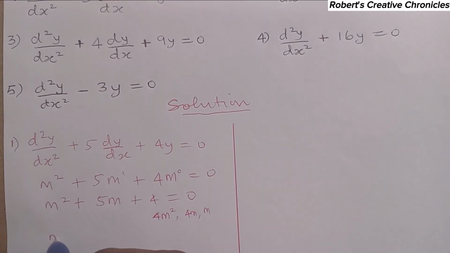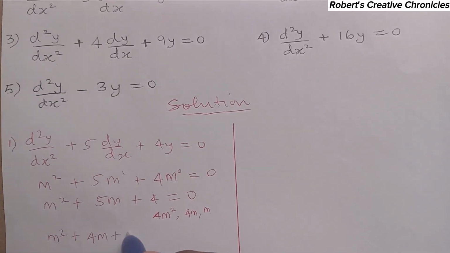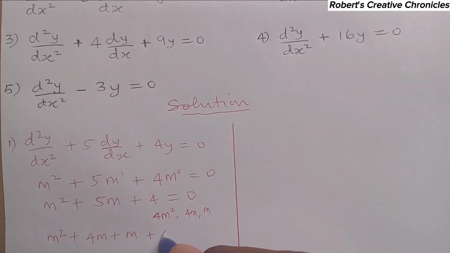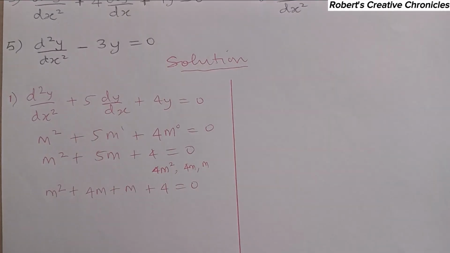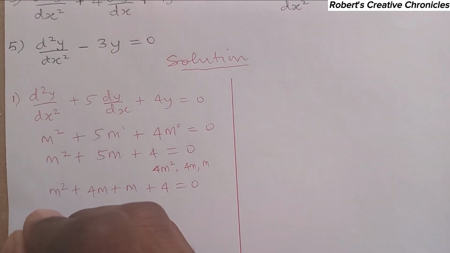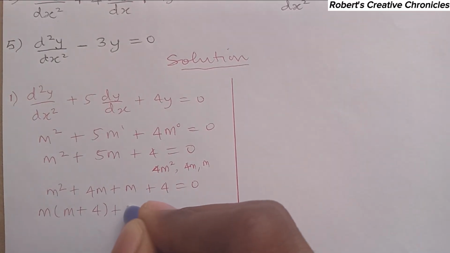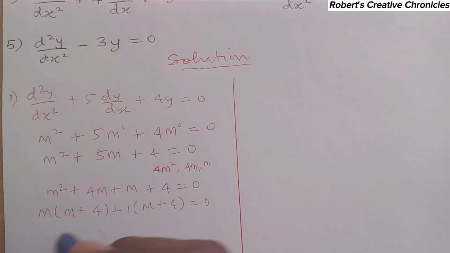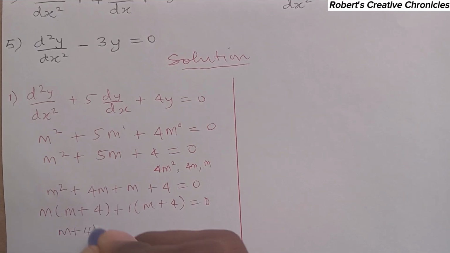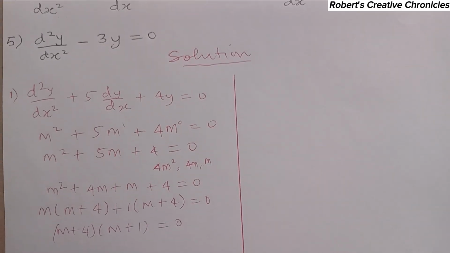So this equation can be written as m squared plus 4m plus m plus 4 is equal to 0. So now this becomes m(m plus 4) plus 1(m plus 4) is equal to 0. So this becomes (m plus 4)(m plus 1) is equal to 0.